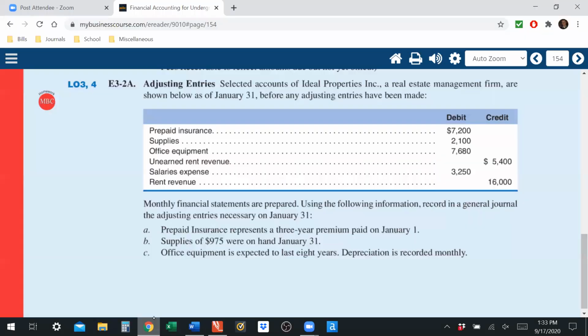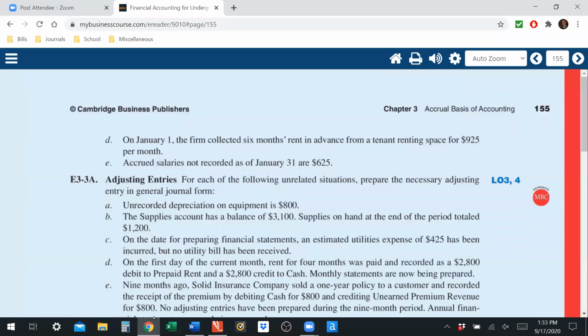On January 1st, the firm collected 6 months rent in advance from a tenant who was renting space for $925 a month. They basically gave us the number. So we're a landlord. We're not renting space. We are the rentor.